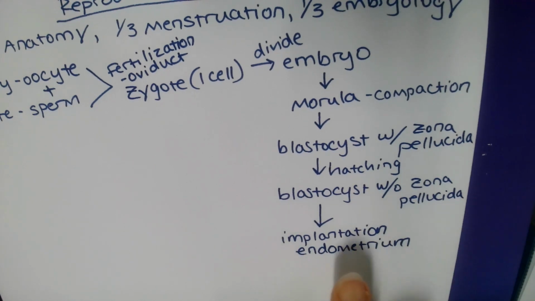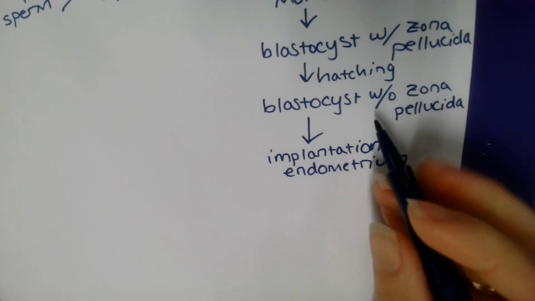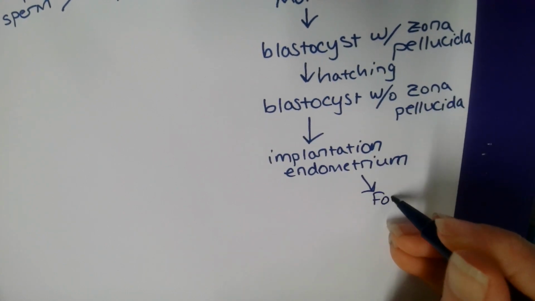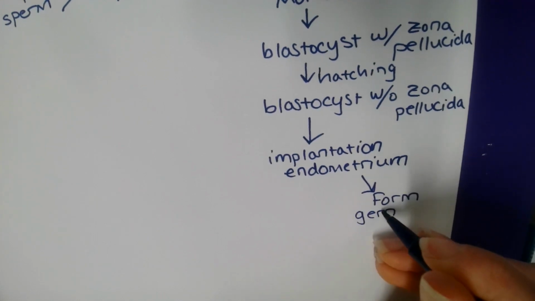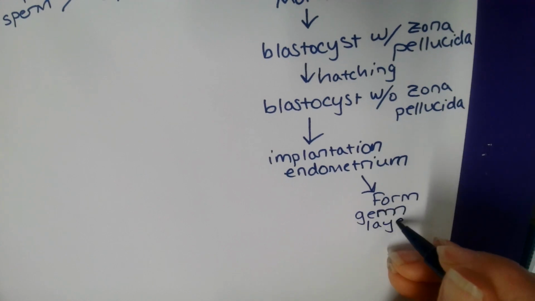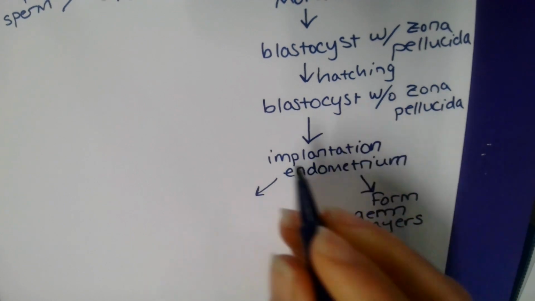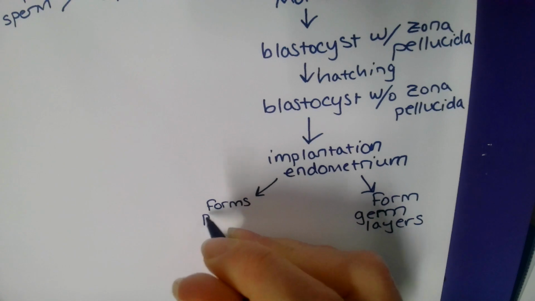There's a couple things that happen immediately after implantation occurs. First of all, you need to know that it's going to begin to form those primordial tissue layers. They're called germ layers. Also, the immediate thing that happens is that it begins to form the placenta.